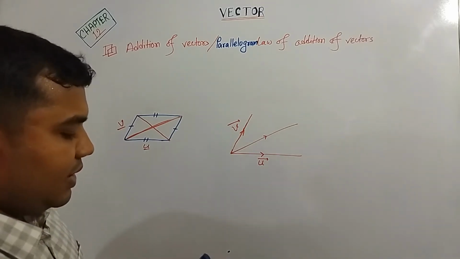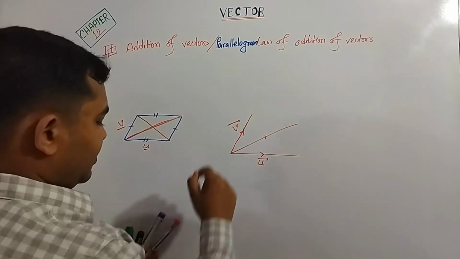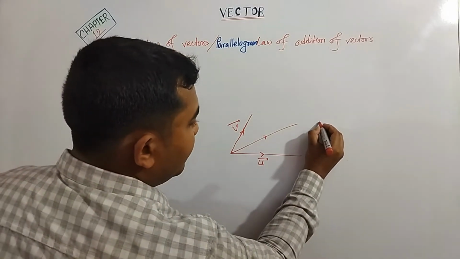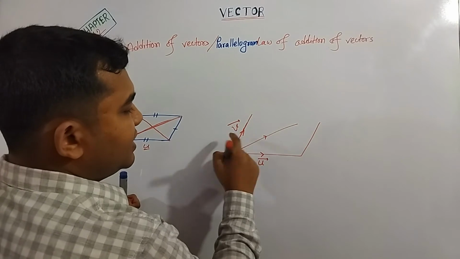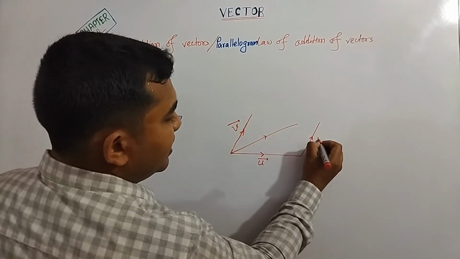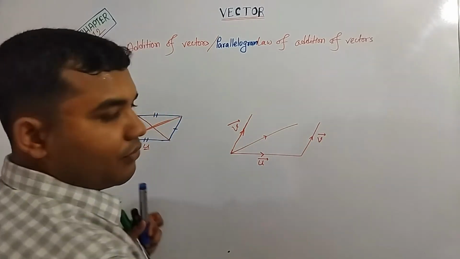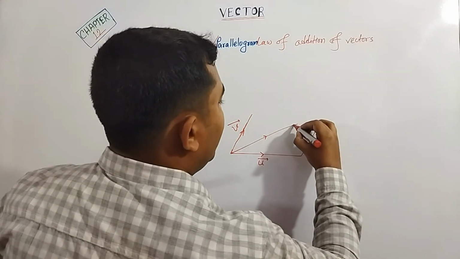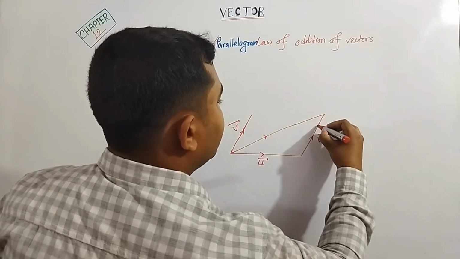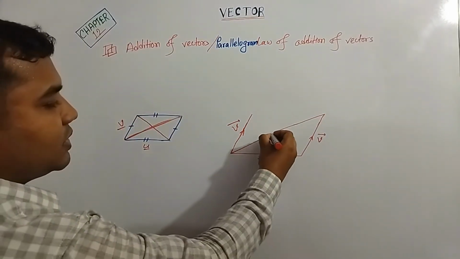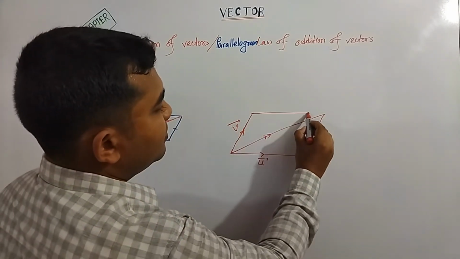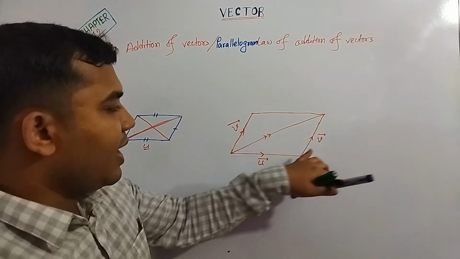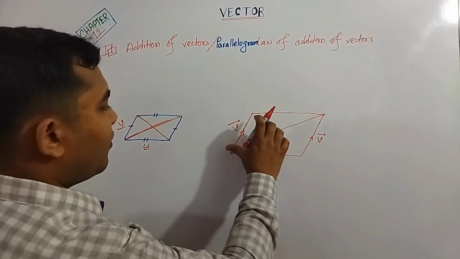If this is u and this is v, and I draw a line that way, then if this is v, the magnitude of that also must be v. And if I join these two lines, this will be our what? The diagonal. If we add this also, this is u and this is v, and forget about this part.